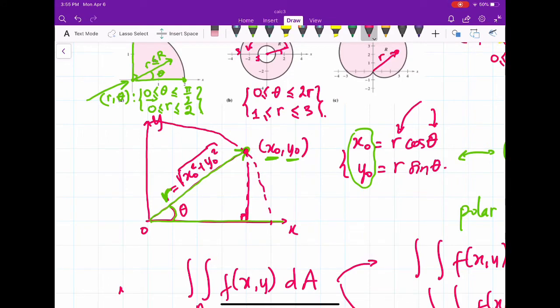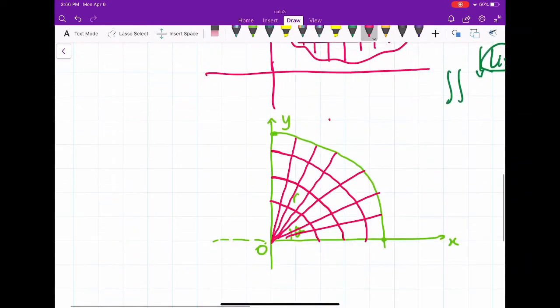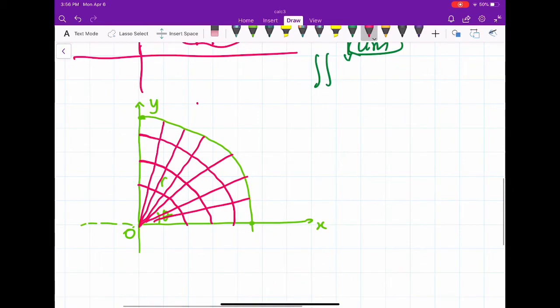This point is just the intersection between the circle with radius equal to r and center at the origin, with the straight line that has the angle theta with the x-axis. So basically, I can use that observation. I want to split our region into sub-regions using circles and straight lines passing through the origin.